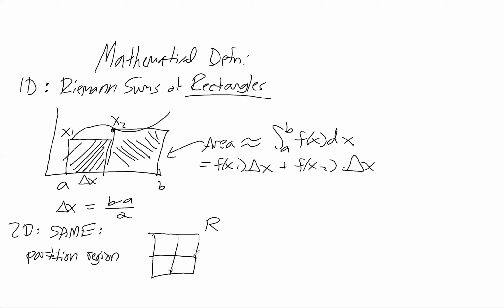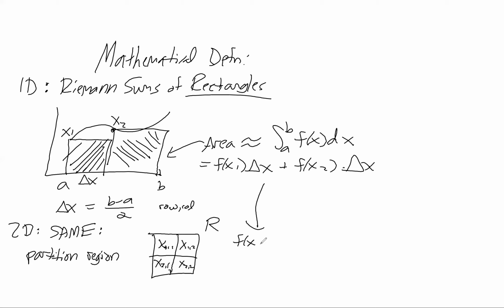So I'm now going to partition into 4 squares, 4 rectangles, and we can call this thing x11. We can call this thing x12. I'm just doing row comes before column. And then x21, x22, and I'm just going to write the same thing basically.